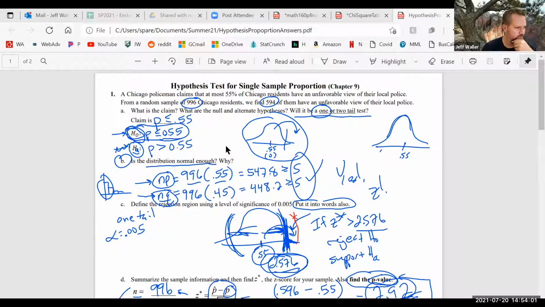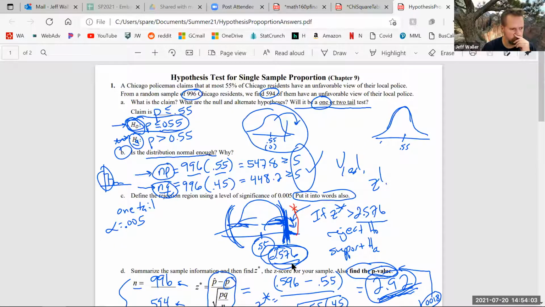Let's see. Here we go. So how did we get the z-score?